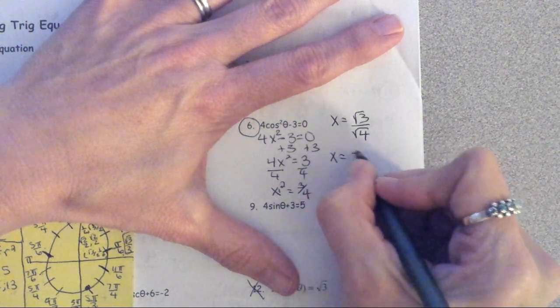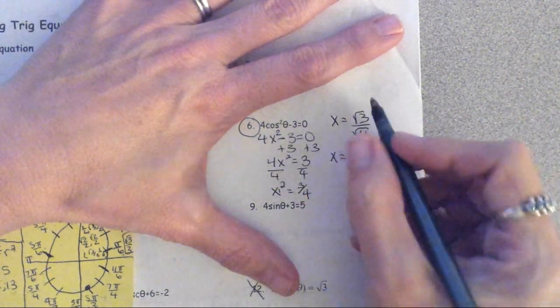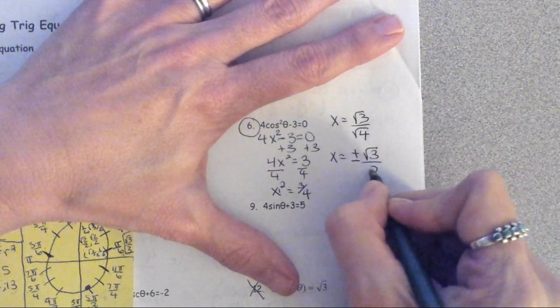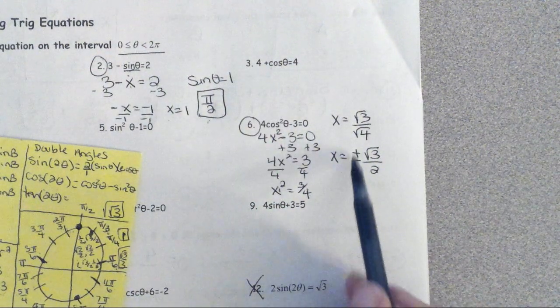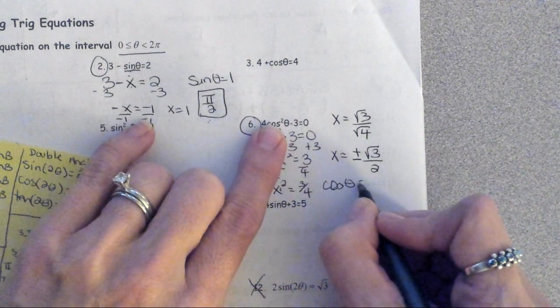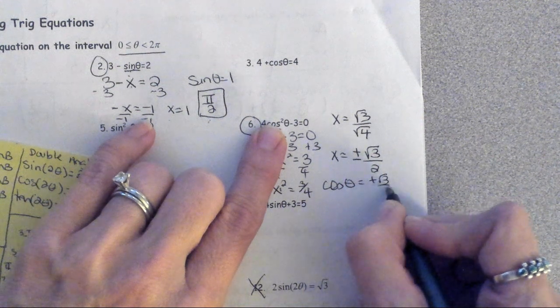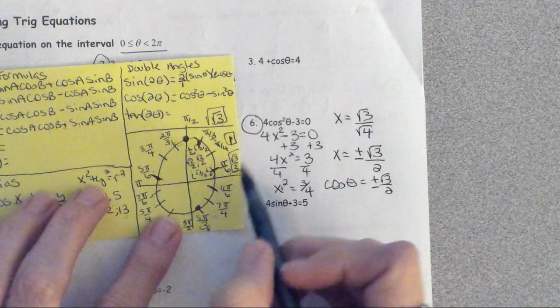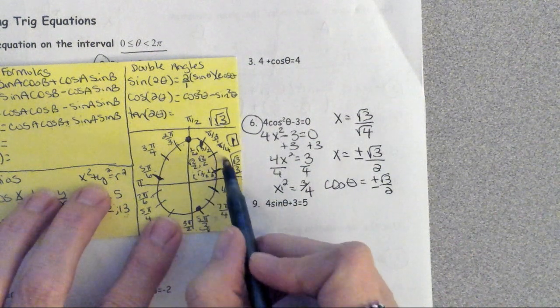Anytime you take the square root, I told you to remember to write plus or minus. The square root of 3 just stays square root of 3. The square root of 4, though, is 2. So I want to know where on my circle, remember the whole problem was about cosine, does cosine equal positive square root of 3 over 2 and negative square root of 3 over 2? Well, cosine is square root of 3 over 2 at pi over 6.